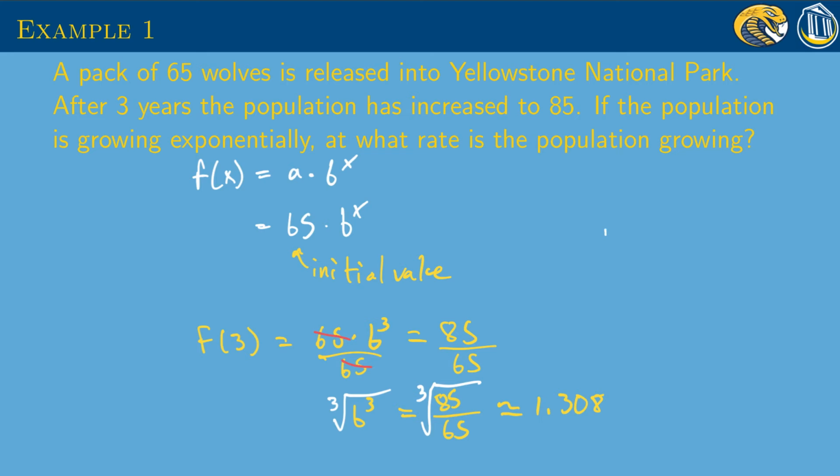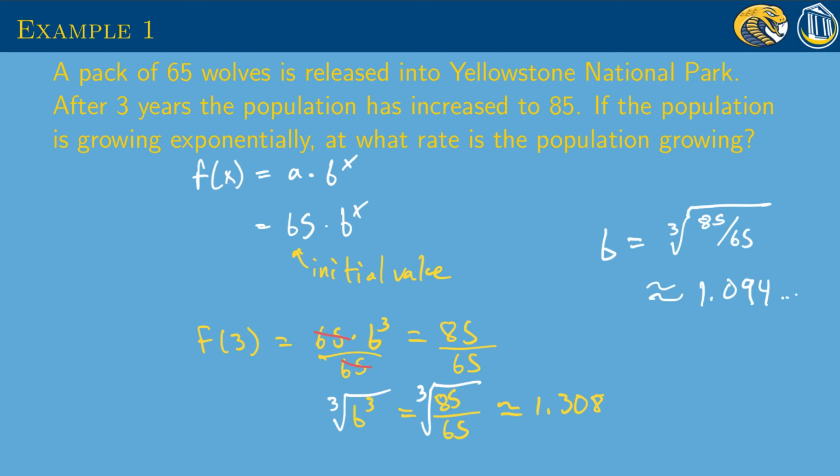So we could say b is exactly the cube root of 85 over 65. And if we type that into our calculator, we get that this is approximately equal to 1.094, we'll say.